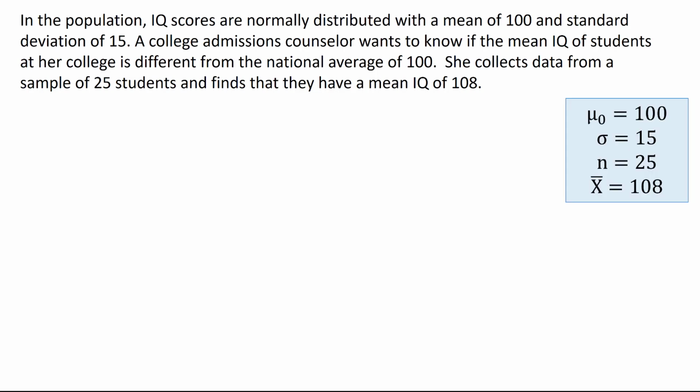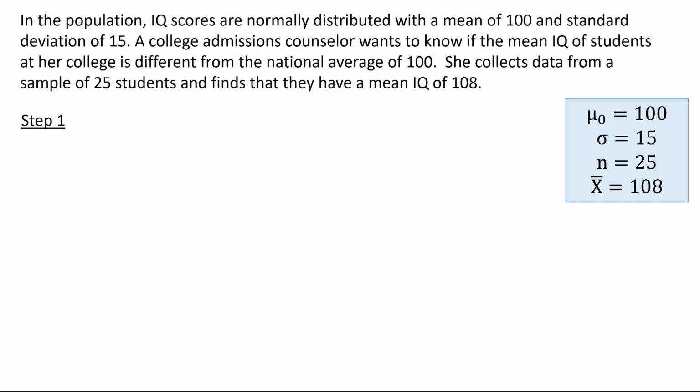From this scenario, we know that the hypothesized population mean is 100 because the counselor wants to know if the mean at her college is different from this value. The population standard deviation, sigma, is 15. The sample size is 25. And the observed sample mean is 108. We'll use the 5-step hypothesis testing procedure to address this counselor's research question.